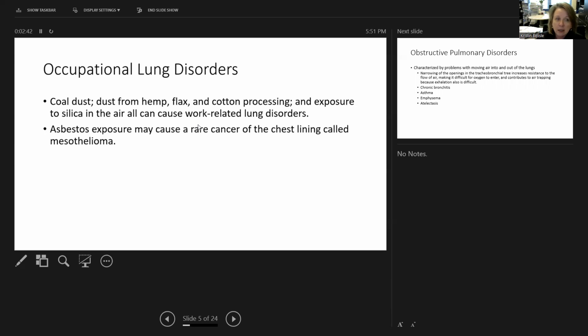Also, asbestos is down here, and it can cause a rare cancer of the chest lining, mesothelioma. So if you're around asbestos or you know of anybody, that needs to be looked into immediately, and those people need to get away from that. As we go on with the slides, I also talk about firefighters that inhale smoke and different things like that. So we can cause the damage based on different things out there that can cause us to have COPD.